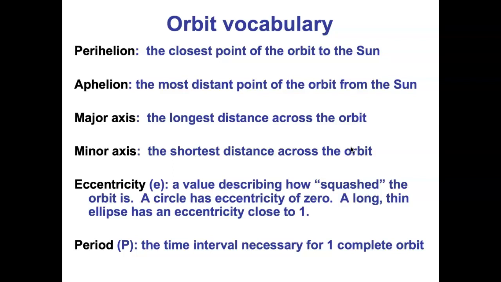Or rather, I should be more specific. It ranges from 0 to 0.9999999. Right? If the orbit has an eccentricity of 0, that means the orbit is a perfect circle. If your eccentricity is getting really close to 1, if it's 0.9999999, then your ellipse is very squashed, very stretched out, very elongated.